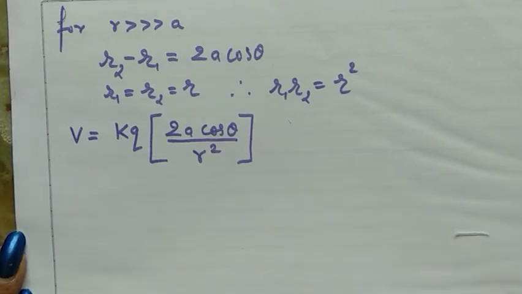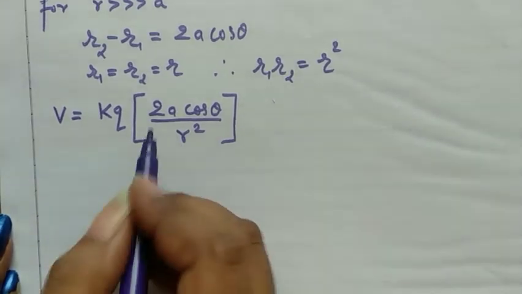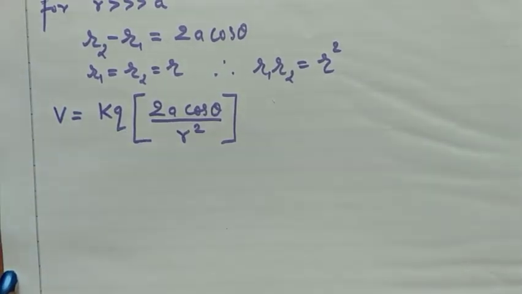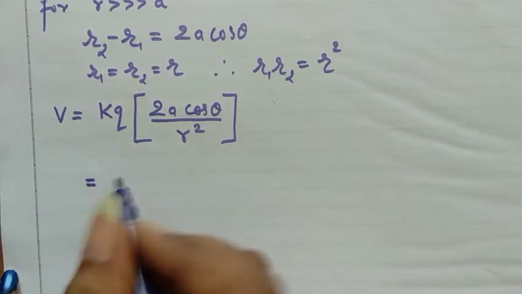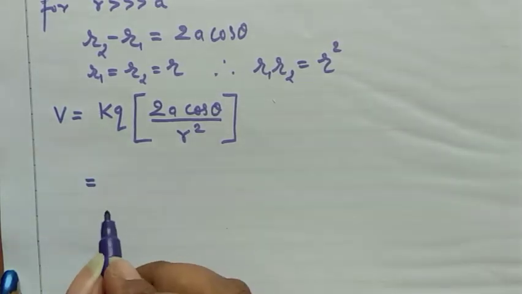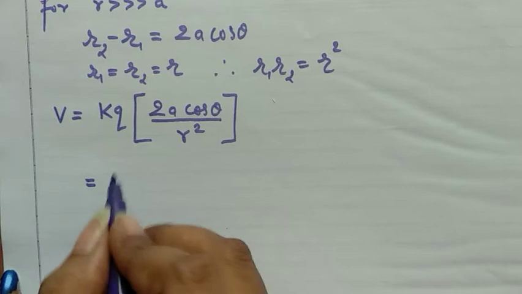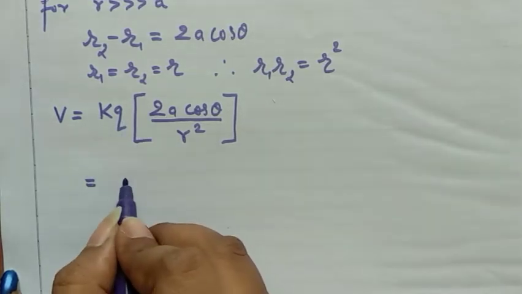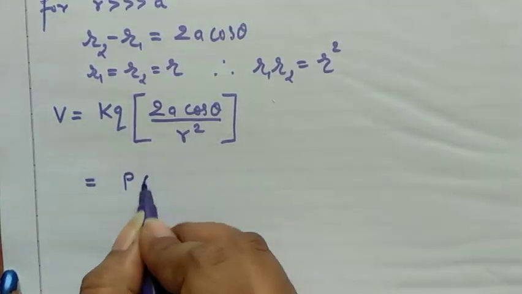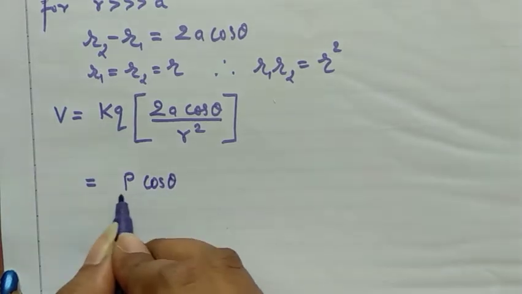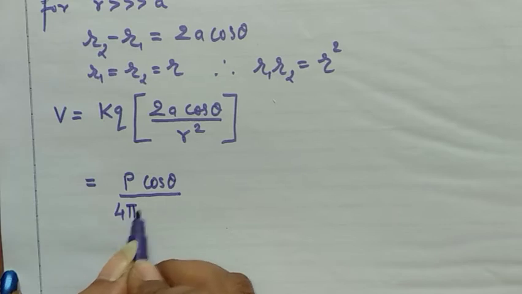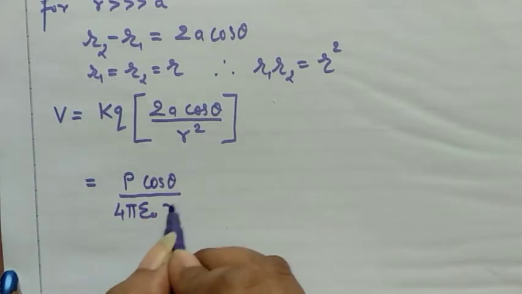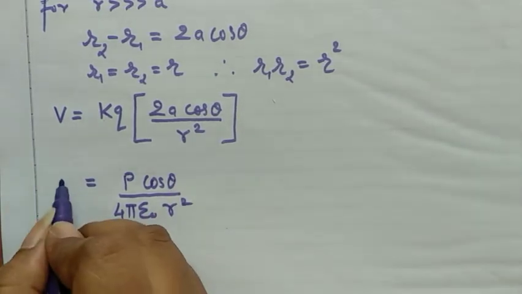Now if you see in this formula, this is 2a into q. We all know what is 2a into q. It is the dipole moment. So instead of this, we'll substitute that value, and instead of k, we'll substitute 1 upon 4 pi epsilon naught. So 2a into q will give me p, this cos theta as it is, divided by, instead of this k, I'm substituting 1 upon 4 pi epsilon naught and this r square as it is.